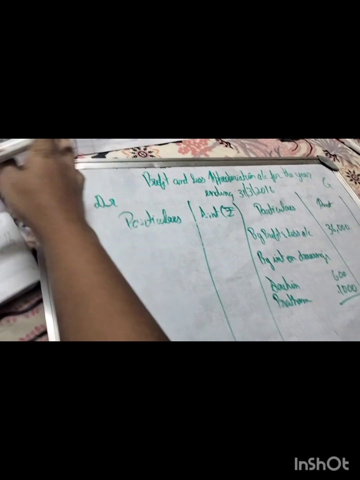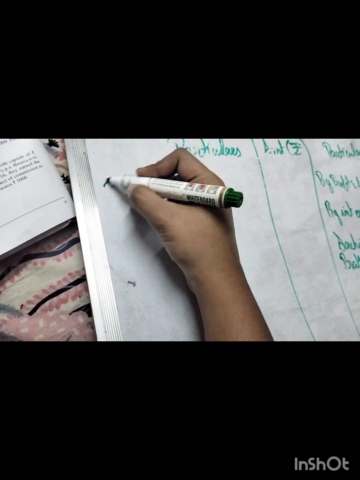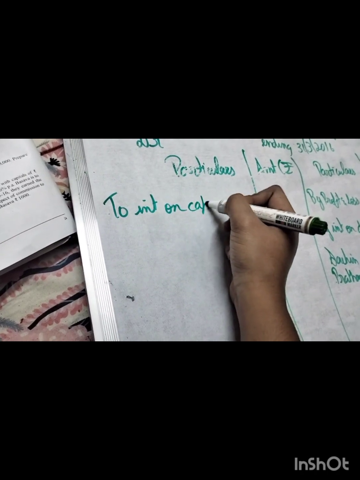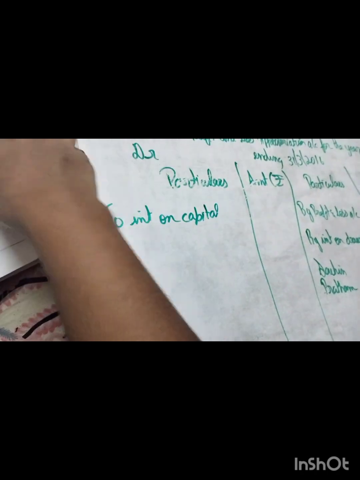Okay, so the next thing that comes on the debit side is to interest on capital. In this, they have given interest on capital is 5% and the capital is 1,80,000. So you need to do 1 lakh into 5% and 80,000 into 5%.